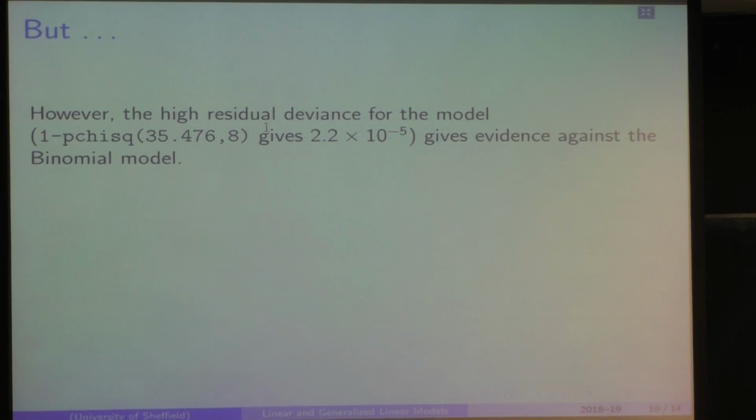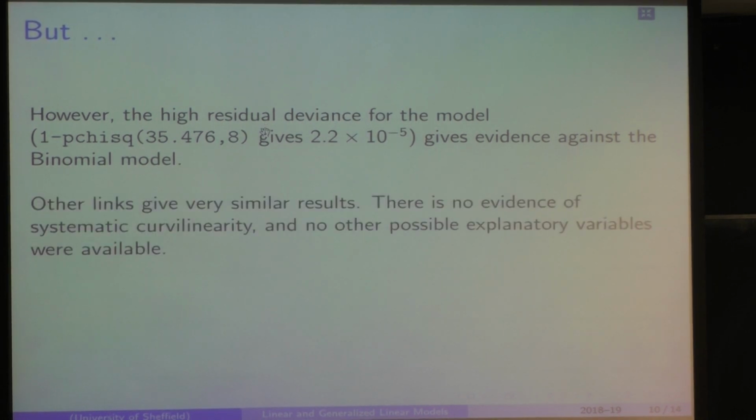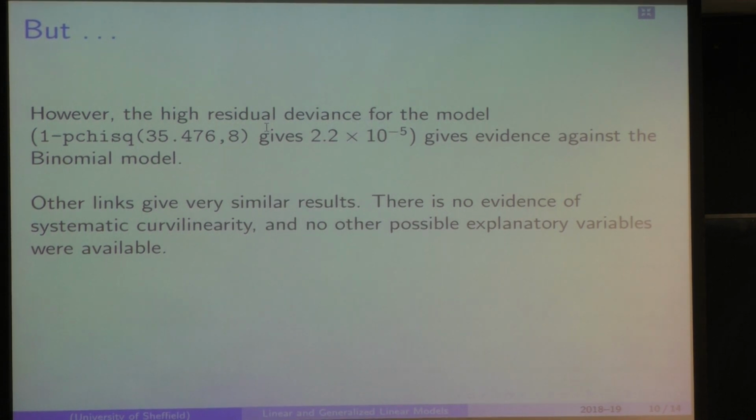So you could ask, are there other things that were not taken into account that we haven't seen in the data set? Would a different link be better? Unfortunately, the answer is no to both of those questions. If you look at other links, you don't find anything any better. And there simply weren't any other possible explanatory variables.